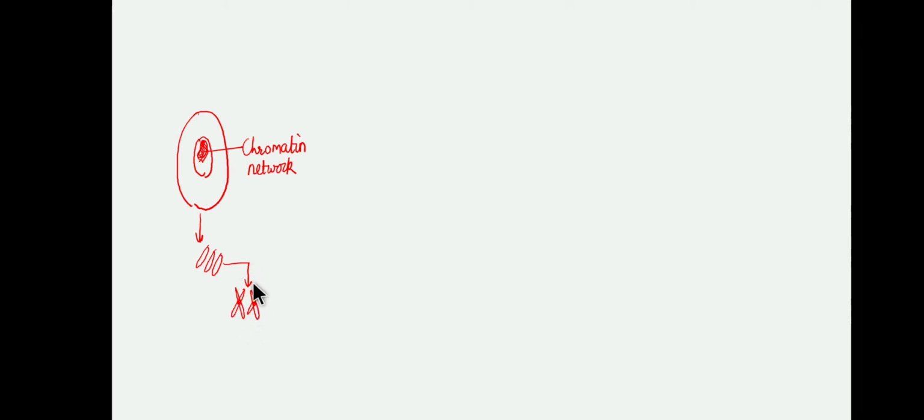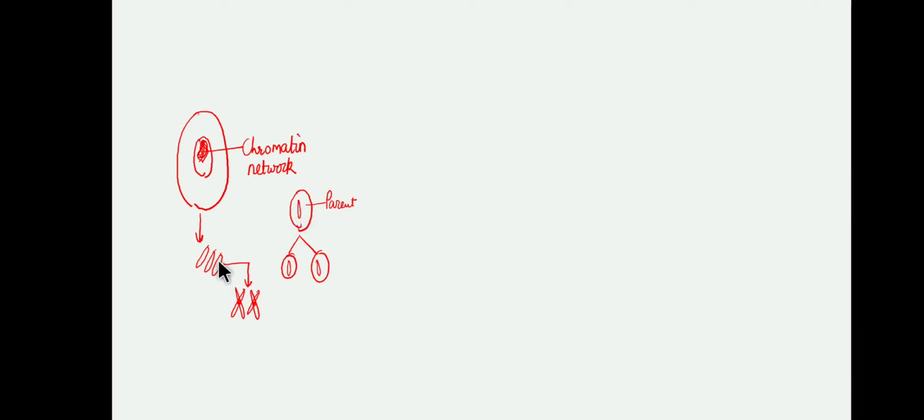Why does the chromosome duplicate? Because we have already discussed that during cell division, a cell divides to form two cells of its own kind which have the same DNA as the parent cell. How can they have the same genetic material as the parent cell? It is only possible when the DNA has got duplicated.